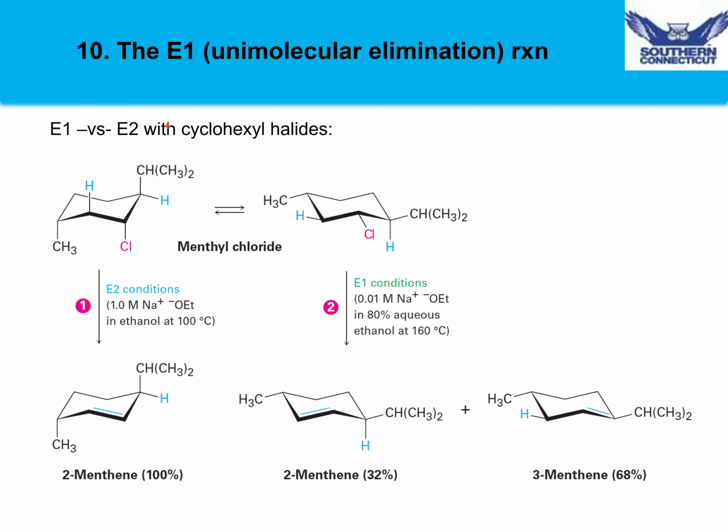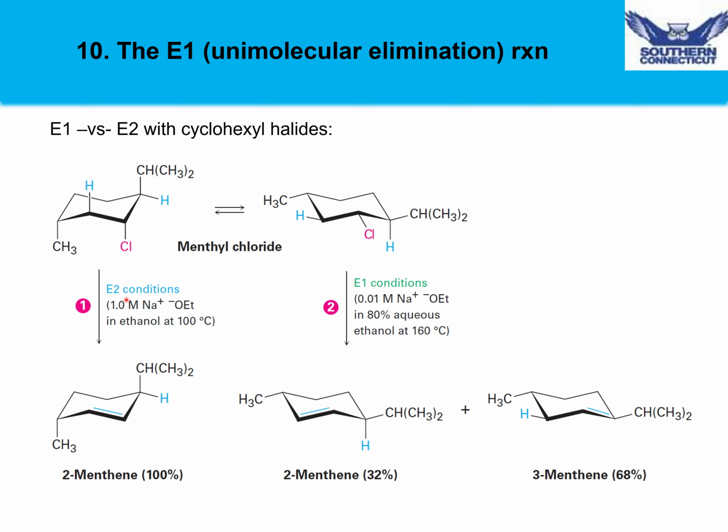There are differences in how cyclohexanes with halogens on them behave in an E1 reaction versus an E2 reaction. So on the left, we have ideal E2 conditions. So we're using a large amount of base and we have an alkyl halide involving a cyclohexane ring.